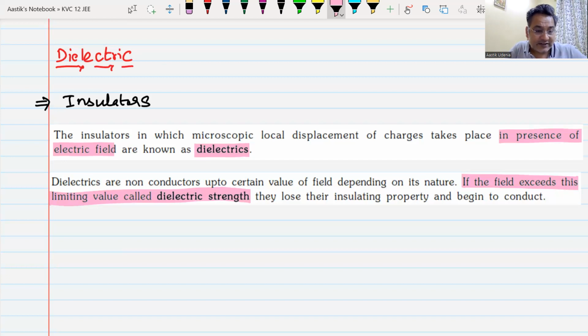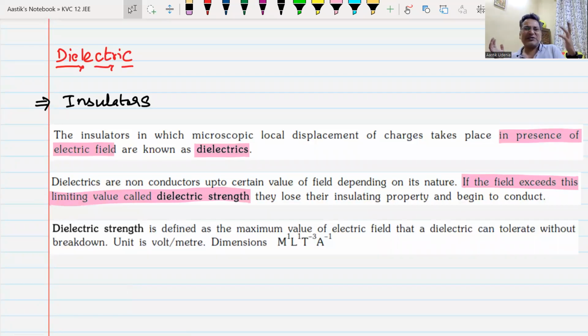So basically, dielectric strength, you might hear this term. Dielectric strength is nothing but the maximum value of electric field that a dielectric can tolerate without breaking down. Breaking down is like saying, I've lived my entire life as an insulator, now let me live the life of a conductor.